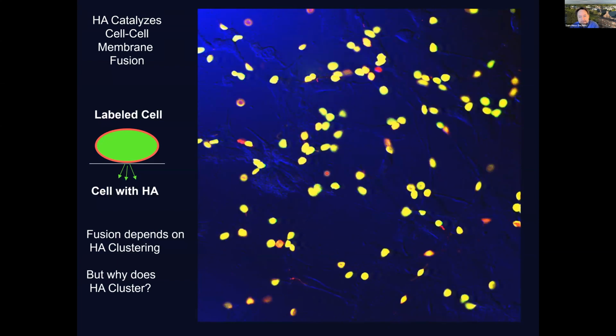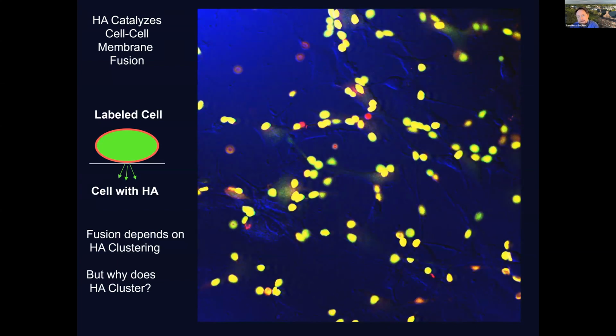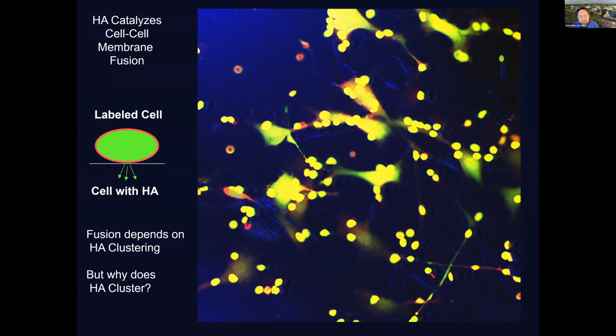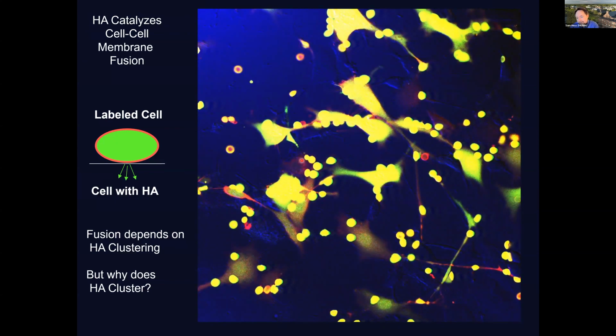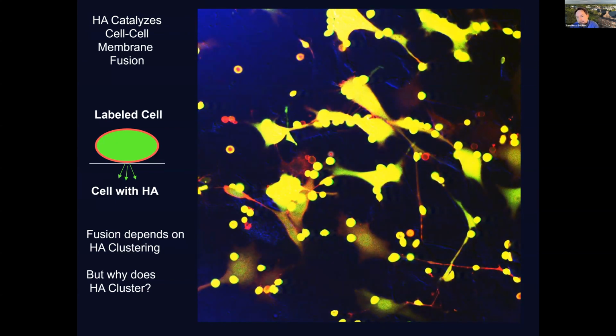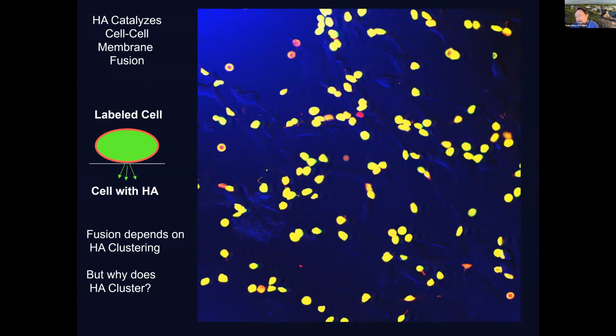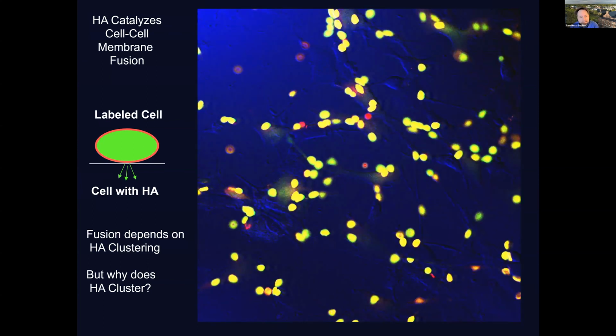And then by standard microscopy, we see dye transfer when that happens. The red and green dyes are transferred into the HA-containing cells, kind of like a virus infection model.